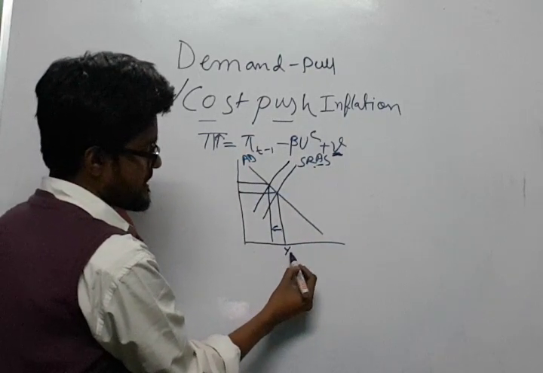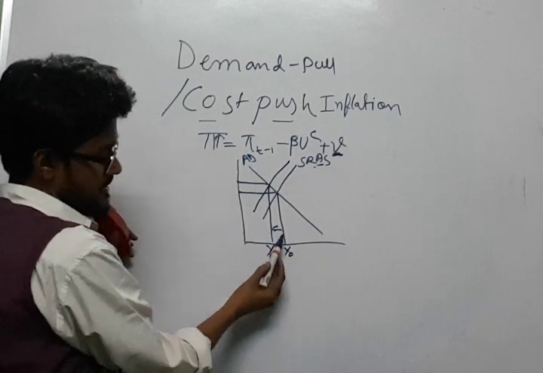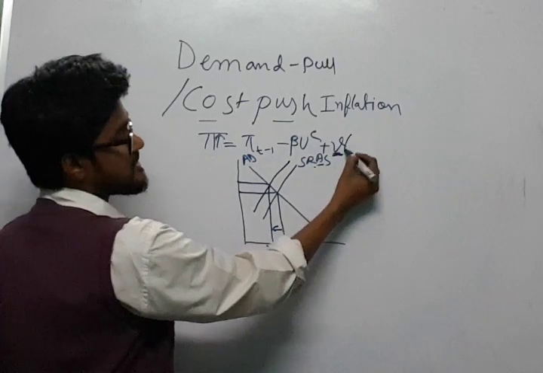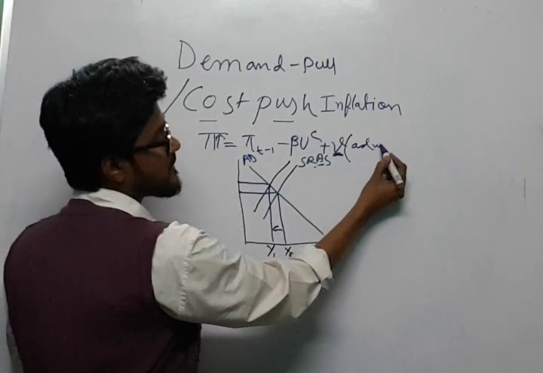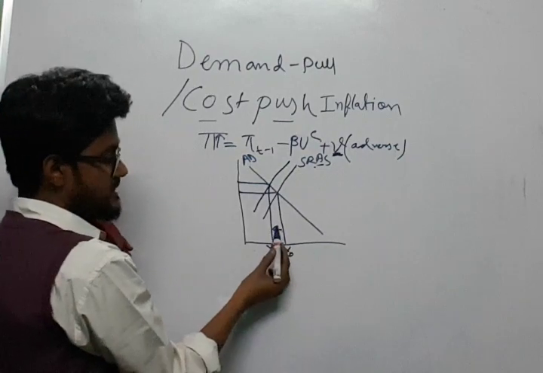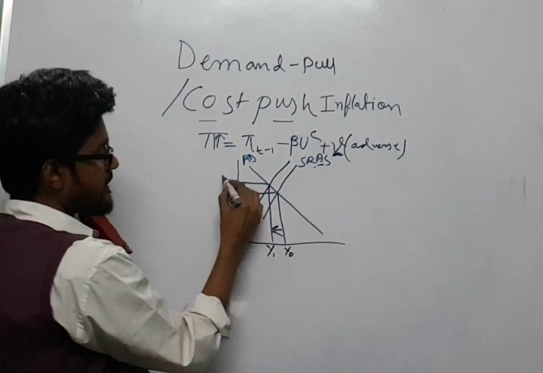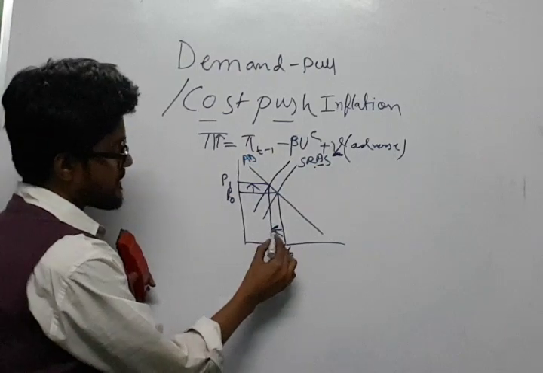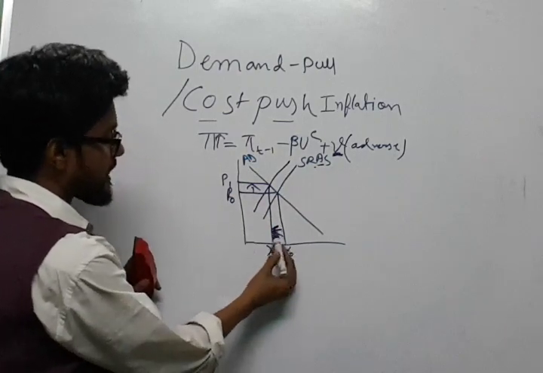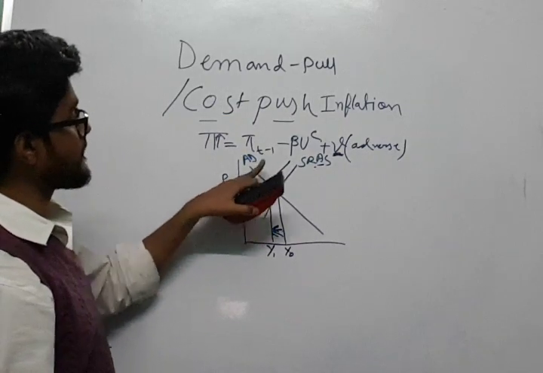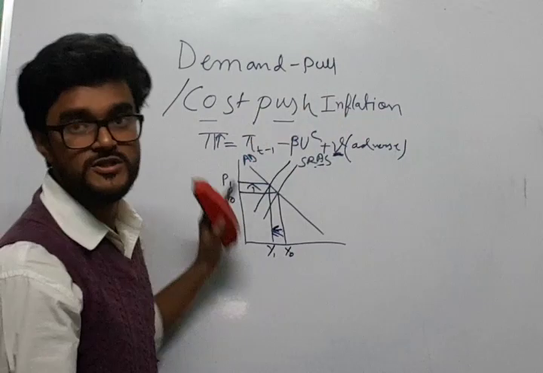Now you can see the output level has fallen. This is what we say is the adverse effect of V, the supply shock. Due to this, the price level has increased. This is caused by the supply shock, and it is called cost push inflation.